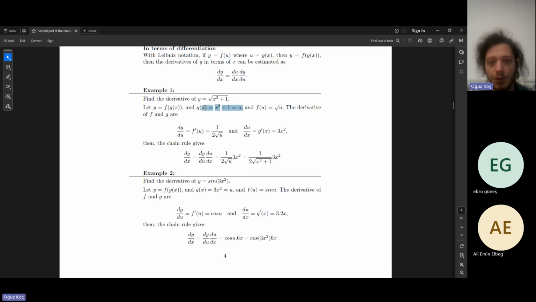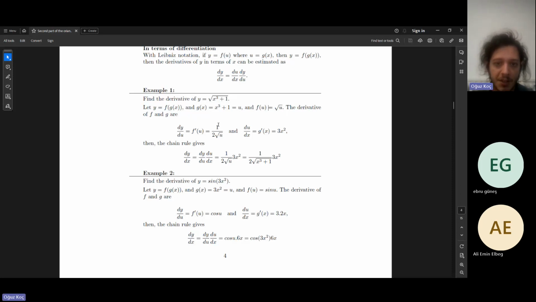You know that u is g of x, but for simplicity and for the usage of differentiation here, we define g of x in terms of u.